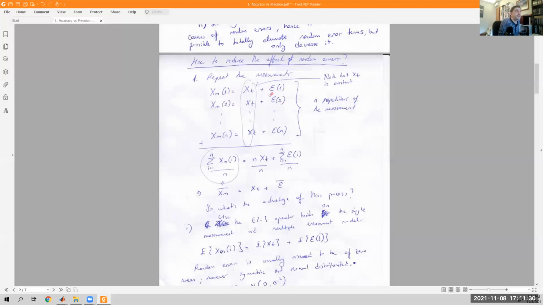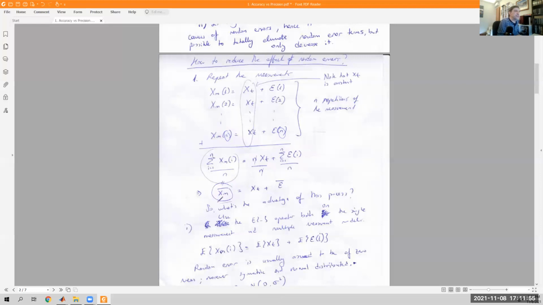But it's going to have a different random error term, and I conduct this experiment, let's say, n number of times. So there are going to be n different random error terms. If I add them all together and divide by n, I'm going to obtain the average measured value.